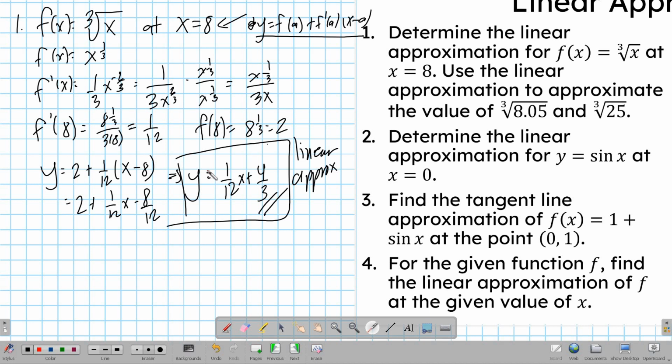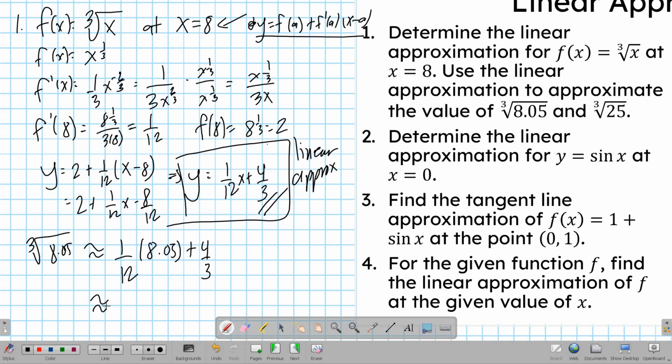For example, if we would like to estimate the cube root of 8.05, we're going to have approximately 1 over 12 times 8.05 plus 4/3.